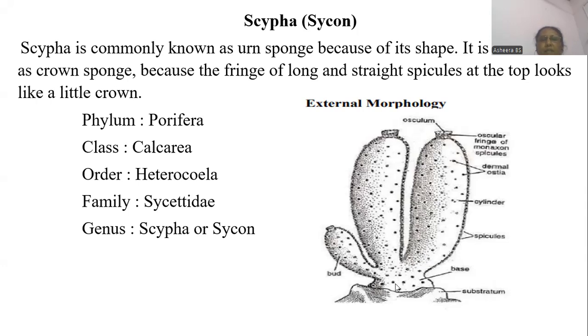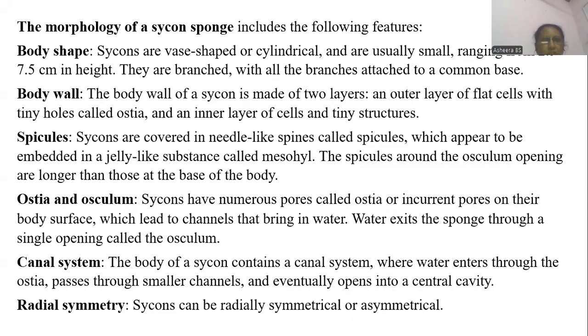And you can see the base is present. This base will help in the attachment of the Sycon to the substratum, and during budding a bud also will grow. So this is how the Sycon morphology will be. You have to draw this diagram regarding the morphology of Sycon.